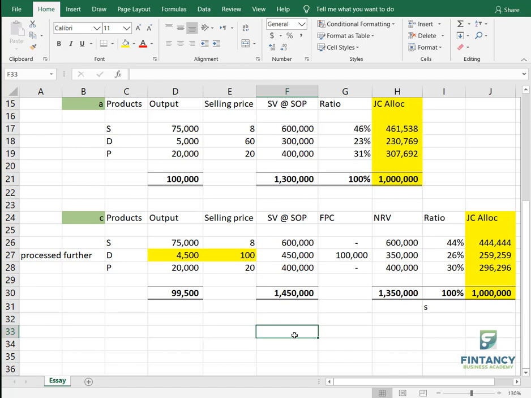So if I ask you, remember how much is the total cost of producing decorative pieces? So what you will say? 100,000 plus this much, right? Which we did in MCQ last time. If they ask you how much is the total cost of producing decorative pieces, you will add these two together. This is the joint cost allocation plus 100,000. Okay.